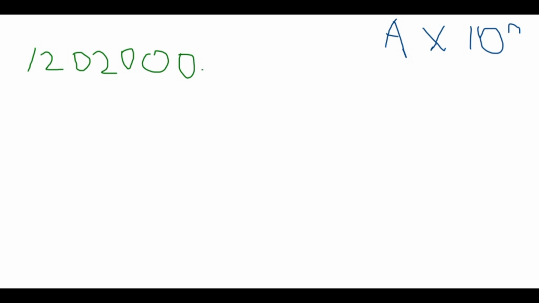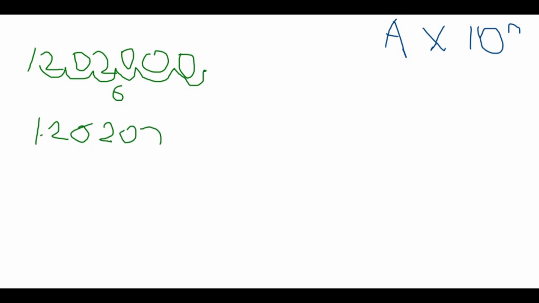Now remember, we're going to have to move the point to behind the first significant number, which is 1. So 1 2 3 4 5 6. It moved a total of 6 steps to the left. So in this case, we are going to have 1.202000.